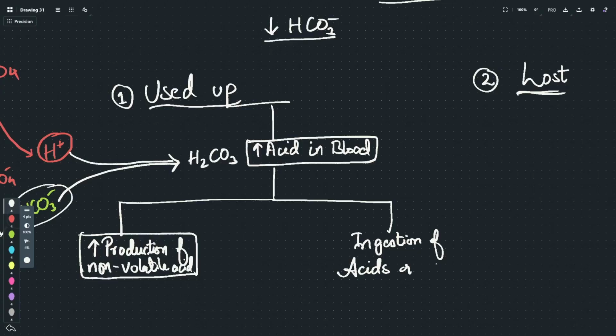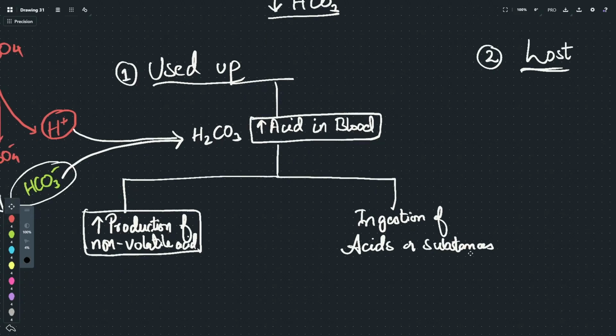So ingestion of acid, or even if taken by IV route, the parenteral route, administration of acid or substances or chemicals or toxins or drugs or poisons, whatsoever substances which produce acid in the body.